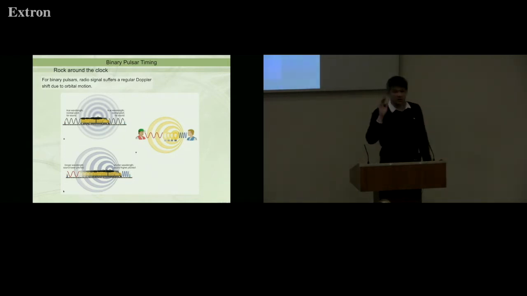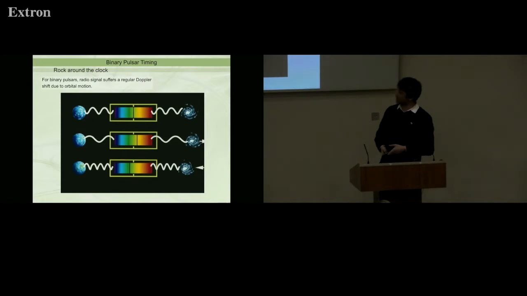And so you can just monitor the signal very carefully, and you'll be able to see this cyclic pattern in the frequency of the pulsar. Using this, you can tell exactly how long it takes for one orbit, and you can map the exact trajectory around the other object. So that's how we measure the orbit of pulsars.